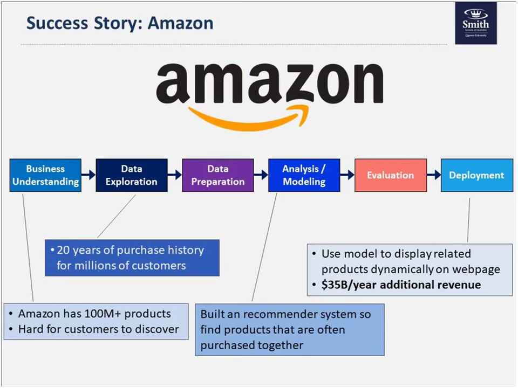So they used that to build a recommender system so that people can find products that are purchased with whatever product they're looking at. And this has been really successful for Amazon. Amazon makes $35 billion a year in revenue thanks just to this recommender system. I think that's about half of their revenue comes from the recommender system.